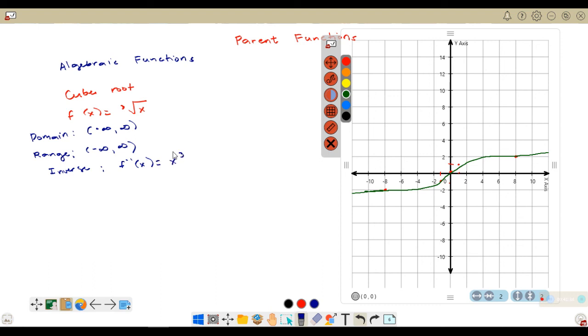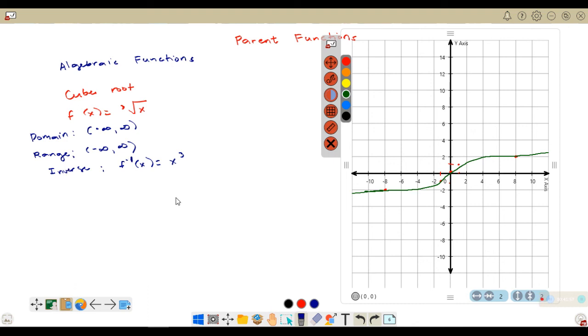If you want to check for it, pwede naman, gawin nyo lang yung mga steps na ginawa natin kanina. Interchange y and x, solve for the value of y, and then write it in this notation. F with the superscript negative 1 of x.